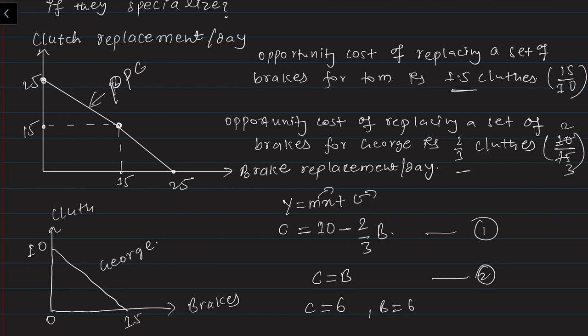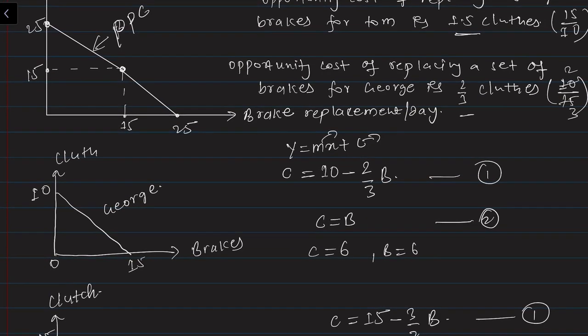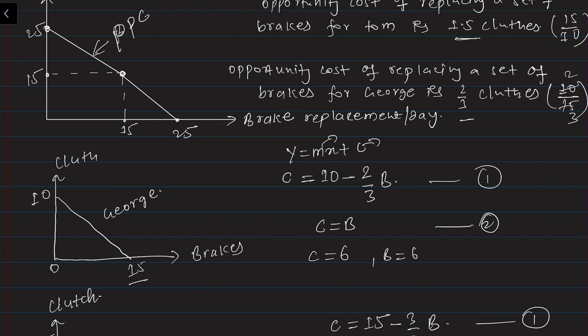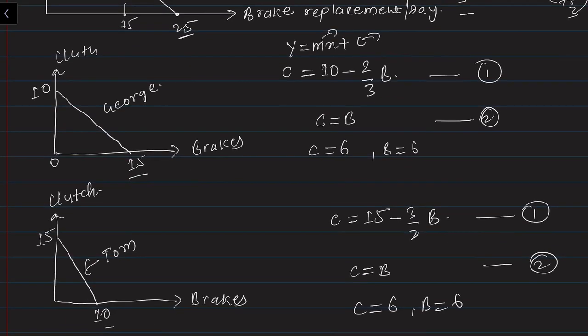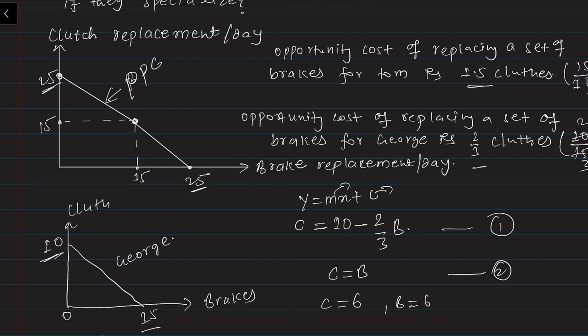On the horizontal axis we'll add the individual replacement of brakes, so we have 10 plus 15, and we get 25 on the horizontal axis. Similarly, on the vertical axis we have 15 plus 10, which is again 25.